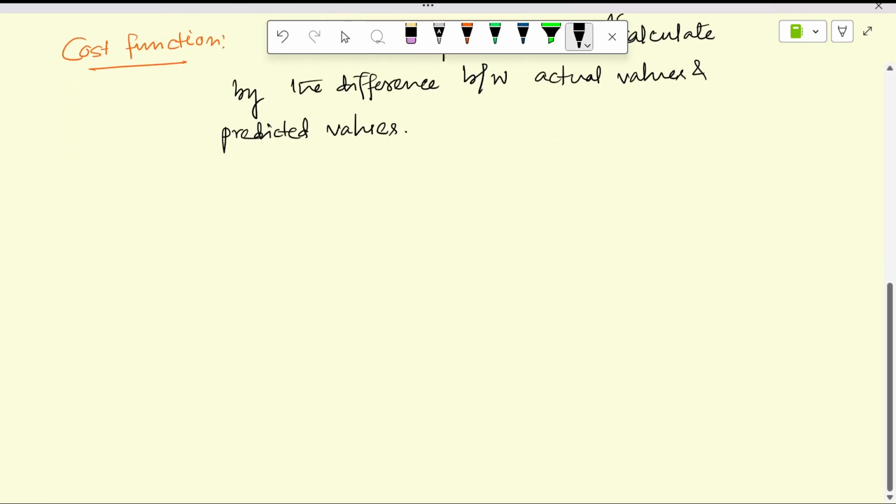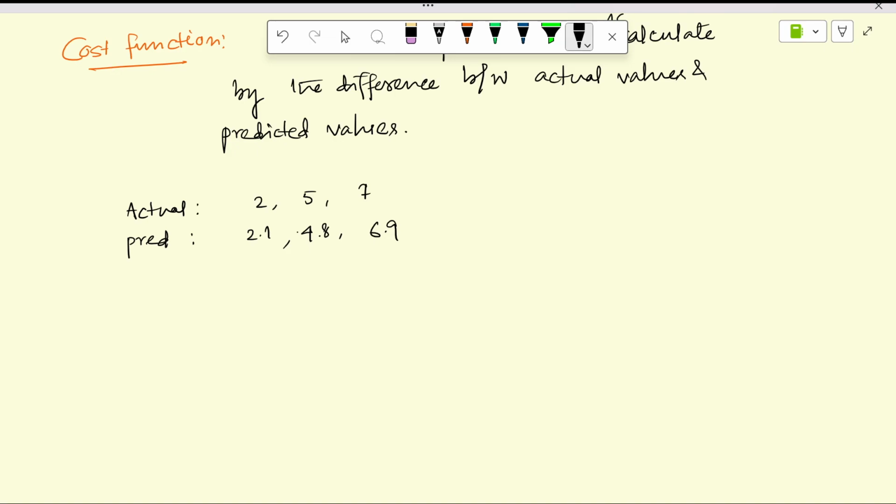That means, let's say our actual values are 2, 5, 7, and the predictions are, let's say, 2.1, 4.8, and 6.9.